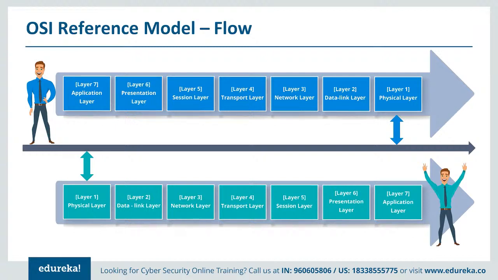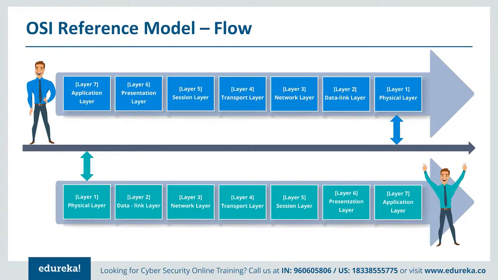Any data which originates from the user will originate from the application layer. It should pass through the 7 layers below, and again it has to move up at the recipient's end. The data origination is only from the application layer, from any end.